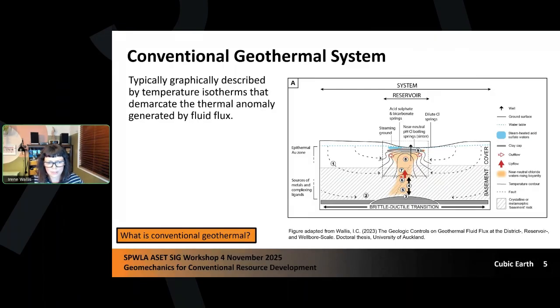So the reservoir unit around this double eight here is an upflow and an outflow, one or more discharge zones. And typically when conventional geothermal people are communicating with each other about the reservoir, about permeability, we're often using isotherms, so lines of equal temperature, because it's that movement of fluid that's generating the thermal anomaly.